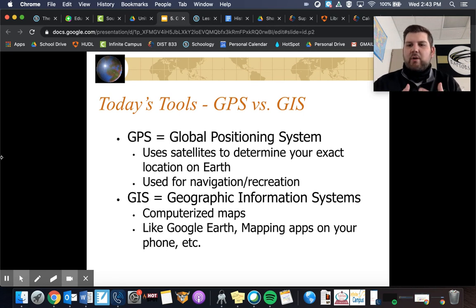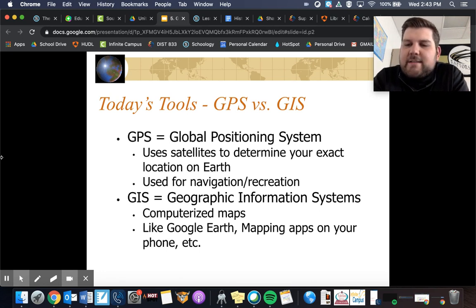GIS is what we more commonly use. That's computerized maps. That's the Google Maps on your phone or the Apple Maps app that takes you from point A to point B. A lot of people call that GPS, and using the two directionals is GPS, but the actual mapping app and the fact that you can see any location, that's GIS.